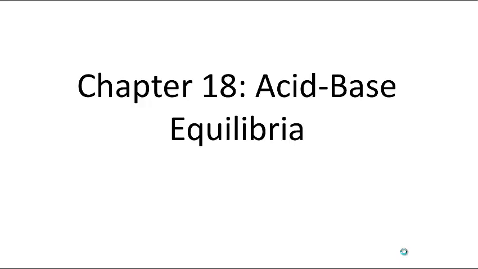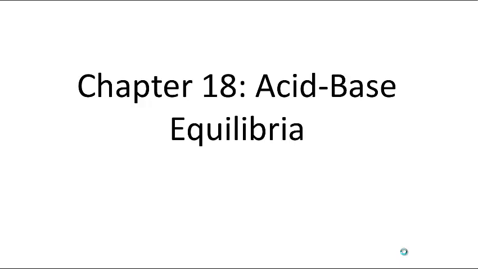Acid base equilibria. If you haven't noticed yet, the entire purple packet is all acids and bases. The first part, chapter 17, was just defining acids and bases, defining what we mean when we talk about strength, relating strength to the structure of acids and bases. Lecture 18 is just about applying what we know about Rice charts to acid-base equilibria, so doing calculations with acid and base equilibria.